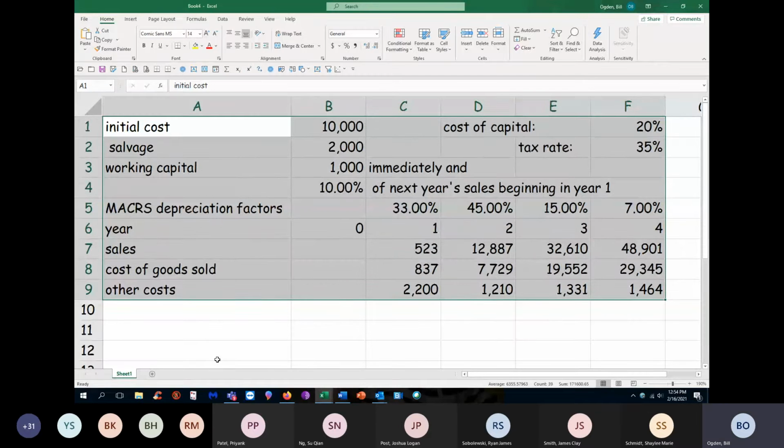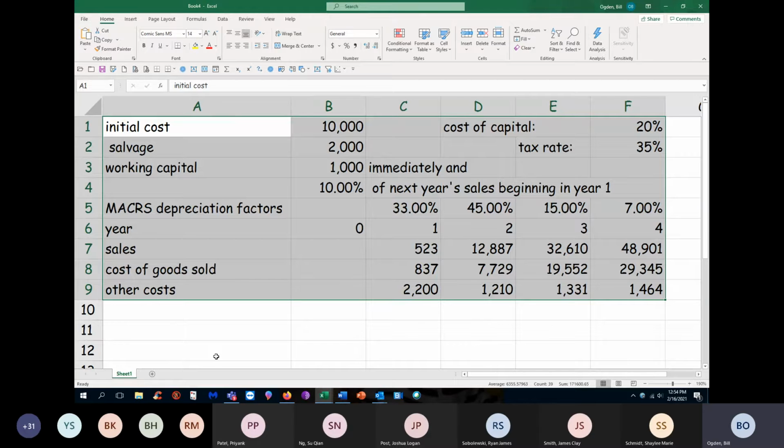All right, now let me explain a little bit here. Something you want to do in Excel is leave your values so that you can access them.